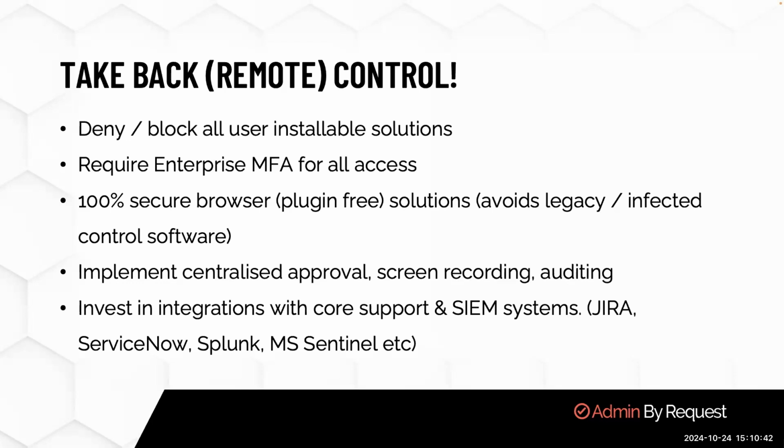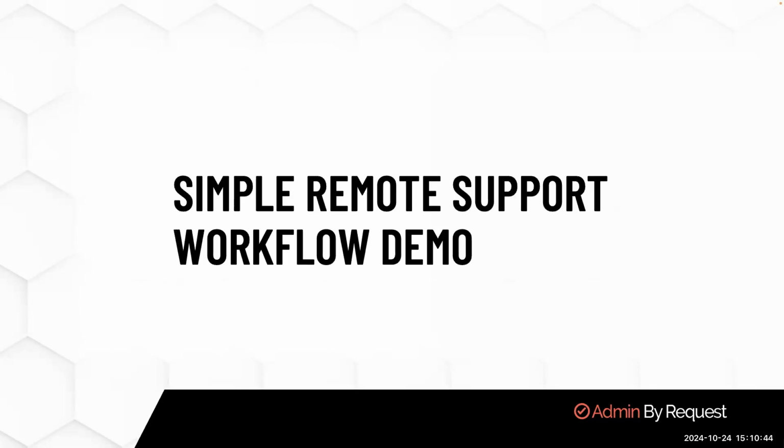So anyway, if we have a very quick look at what a simple support request looks like, I can just show you very briefly. The key here is it is very simple, and it is something that the user cannot install, cannot remove, cannot tamper with. There is one way that a user can request support.